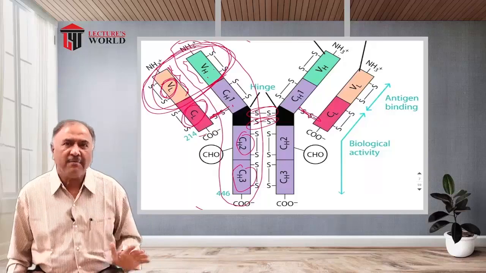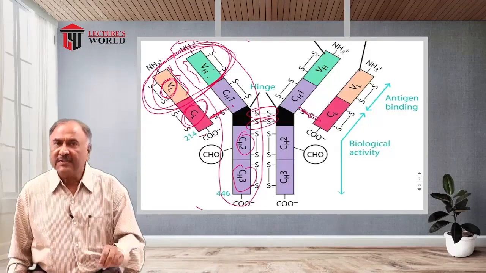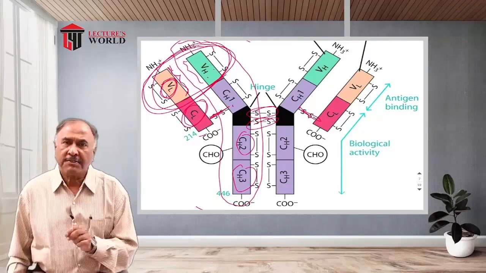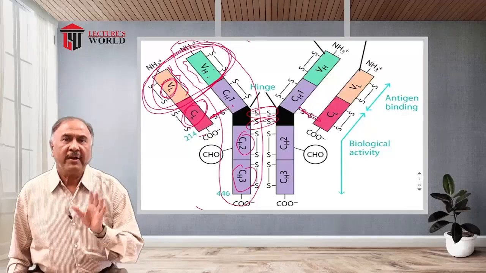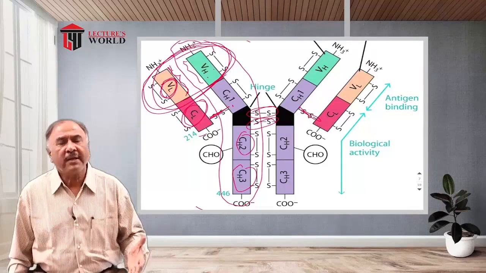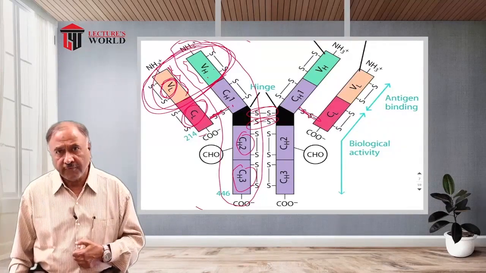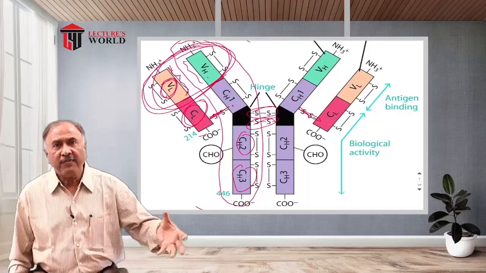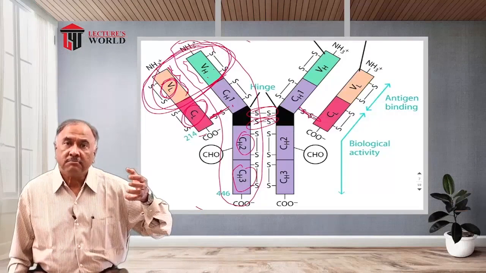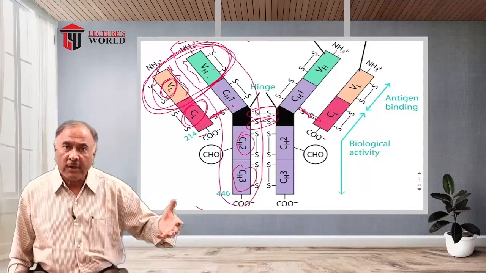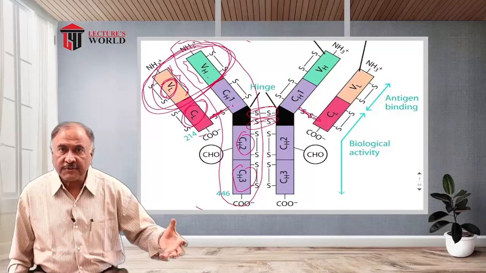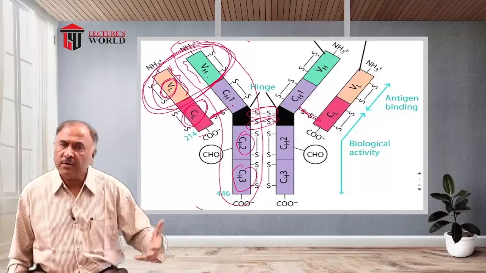There is a very little changes, and this is responsible for what we will call later as diversity of antibodies, because any foreign material can act as an immunogen provided it fulfills certain criteria that we discussed earlier, like size, that is the molecular weight, foreignness, its rigidity, structures, ability of digestion, all those things.